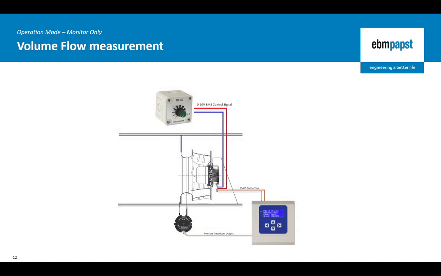In monitor-only mode, it is possible to measure the volume flow passing through the fan array or the pressure difference between the suction and exhaust side plenums. This requires the use of a pressure transducer whose analog DC output signal is connected to the MDC controller.